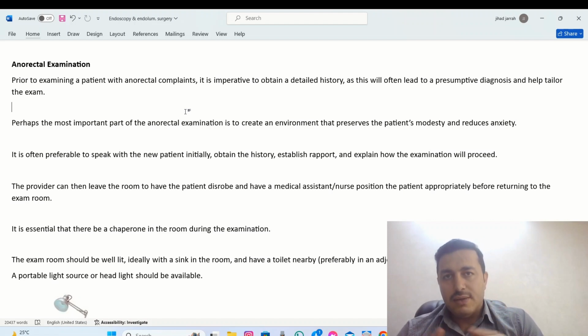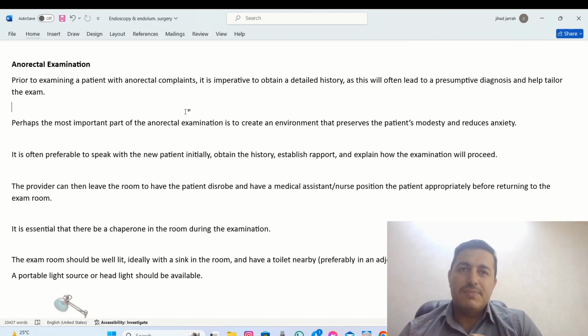The preferable sequence is to talk with the patient and to leave the room, to give the patient time for proper positioning with the assistance of the medical nurse, and then to come back.